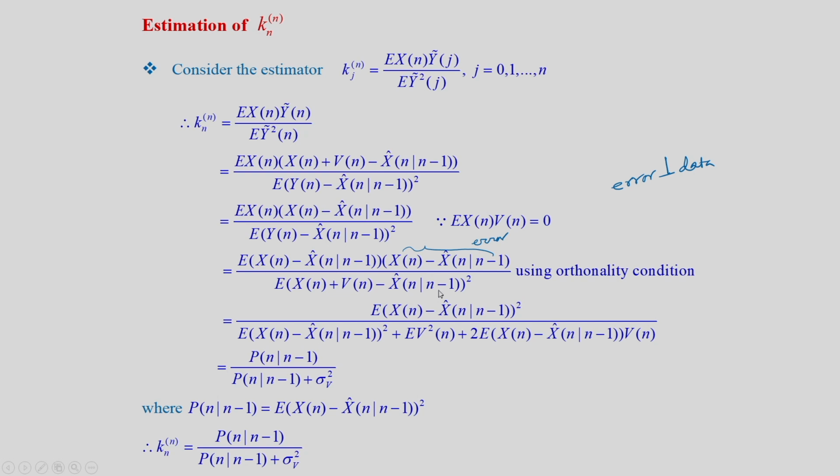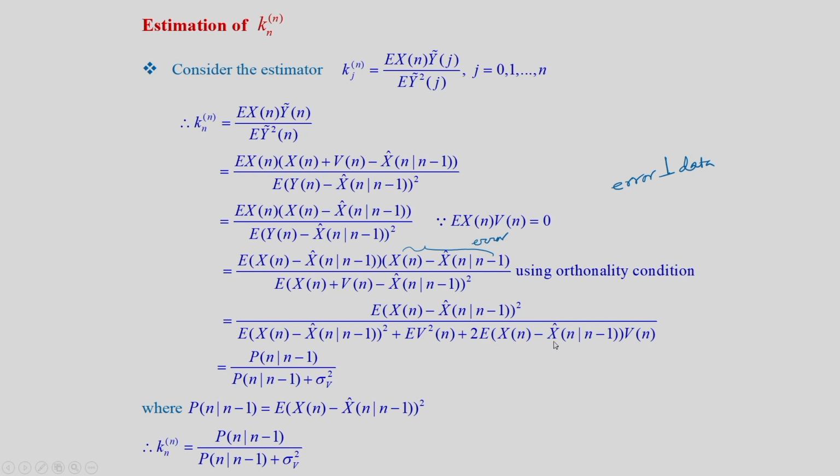Now, after taking the expectation we will have E of (x_n minus x hat n given n minus 1) whole square, and then E of v square n will be there, plus twice E of (x_n minus x hat n given n minus 1) times v_n. So, that way we are expanding this expression.